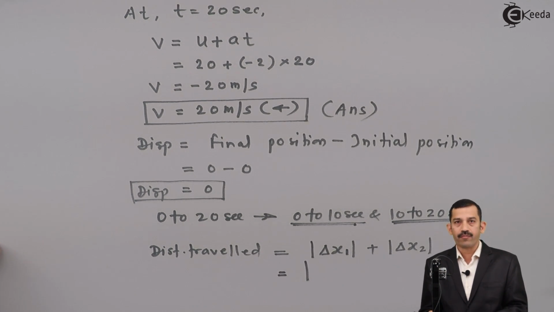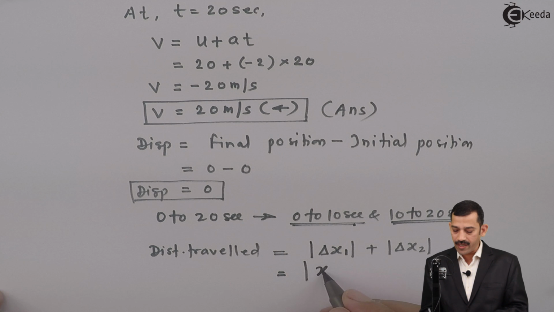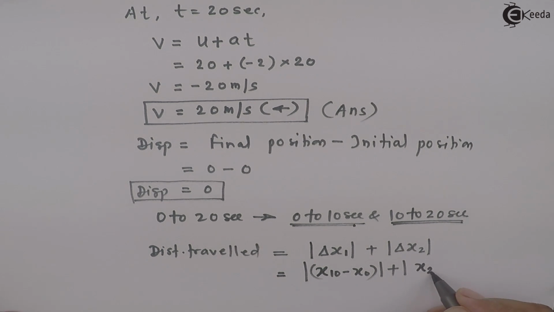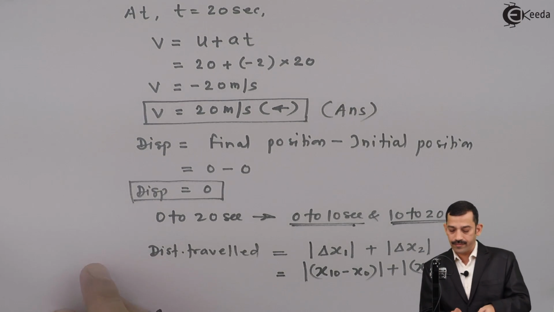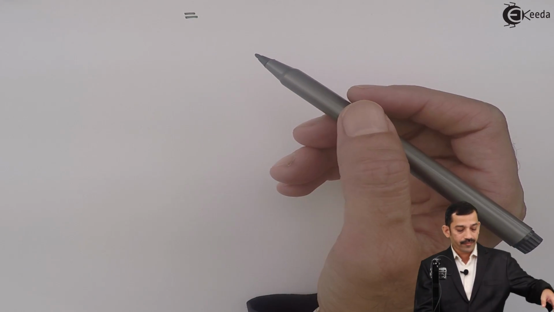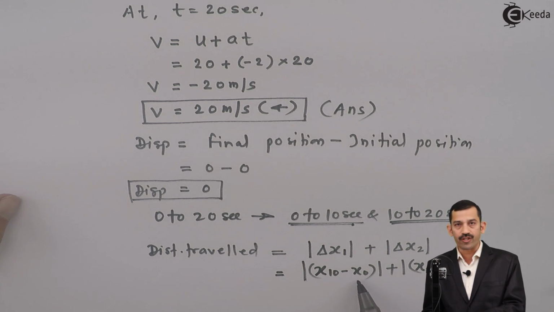Delta x1 means displacement in the first time interval, 0 to 10 seconds, which can be written as x10 minus x0, plus the second time interval, 10 to 20 seconds, final x20 minus initial x10. If we substitute values, x10 is 100, x0 is 0, x20 is 0, x10 is again 100.